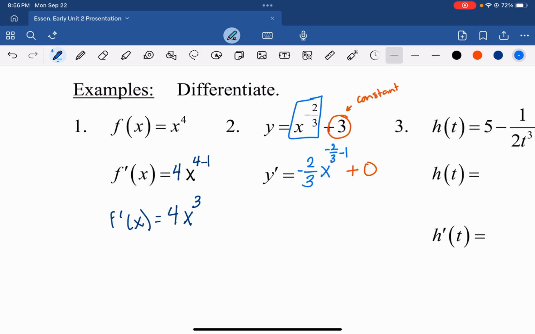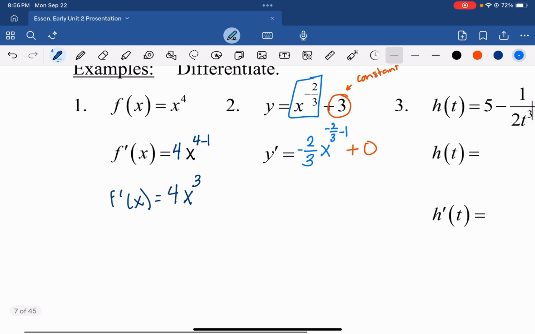Okay, and I said we're going to go back and simplify my negative 2/3 x to the negative 2/3 minus 1. So my y prime is equal to negative 2/3 x, and now I need to do negative 2/3 minus 1. I can think of that as negative 2/3 minus 3/3, so that they have the same denominator.